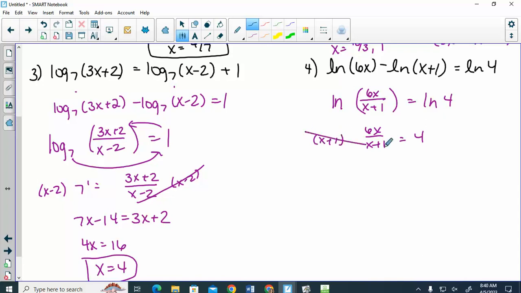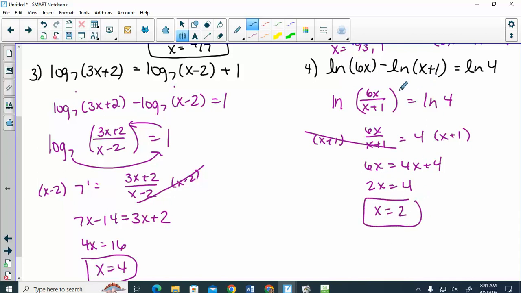Multiply the x plus 1 over. We get 6x equals 4x plus 4. Subtract the 4x, divide by 2. Double check, 6 times 2 is positive, 6 plus 1 is positive, so that's okay.